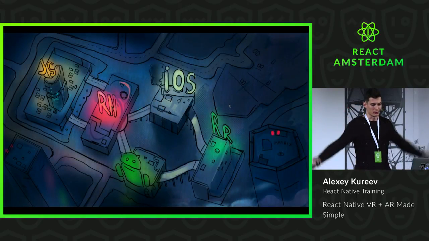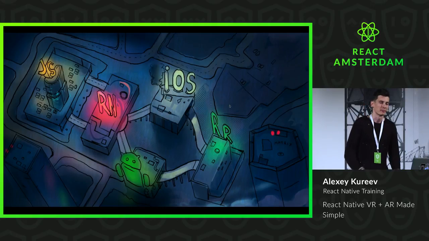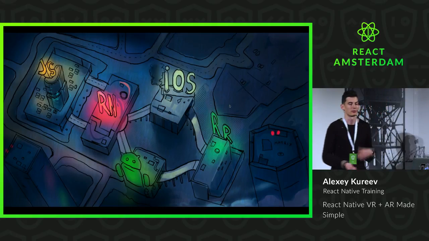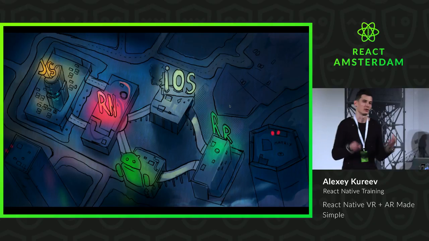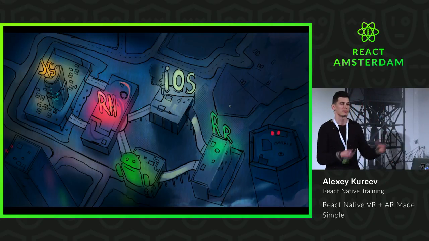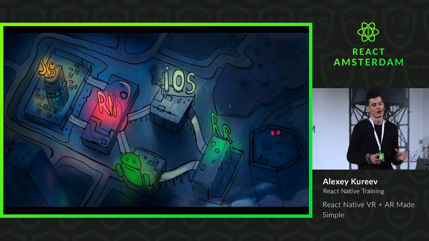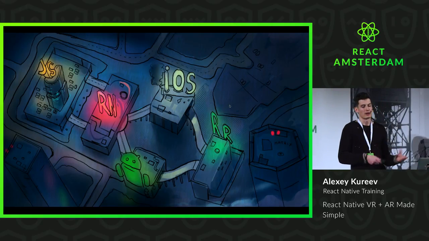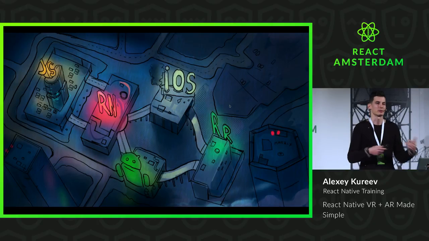So let's recap what we were talking about in the first part. We have JavaScript. It operates on these three primitives, these three APIs. All these APIs are backed by something on the React Native platform, and then it goes to the underlying iOS or Android implementation.